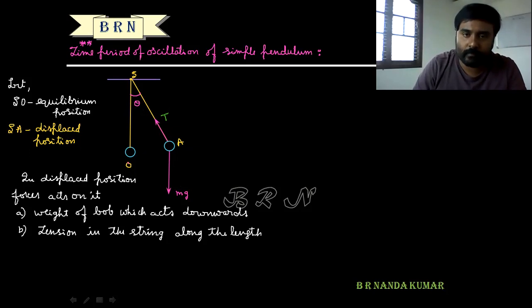Here let us consider an imaginary rectangle. This is actually the displacement of the bob. Here mg splits into two rectangular components.